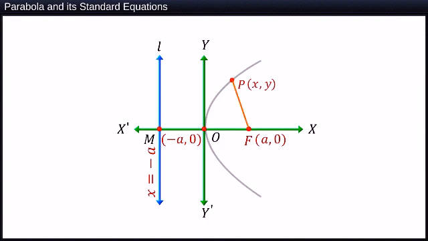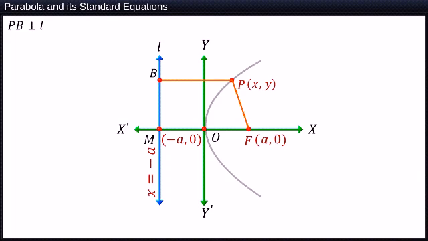Join P to F. PF is the distance of point P from the focus of the parabola. Let PB be the perpendicular drawn from point P on the directrix. Thus, PB is the distance from point P to the directrix.